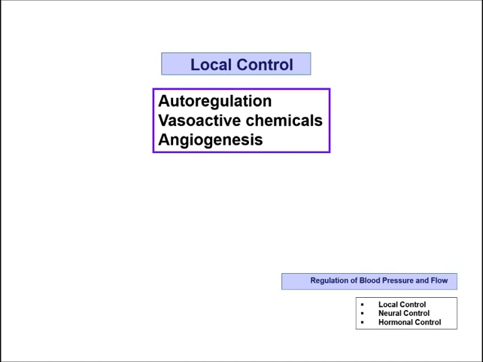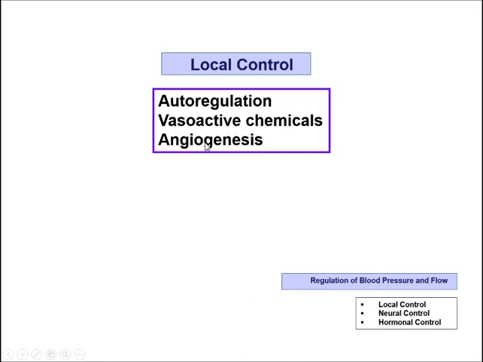So if blood pressure increases in a vessel and it pushes up against those endothelial cells, they will release a substance called nitric oxide. And this nitric oxide then is a vasodilator, and it will cause those vessels to vasodilate, which will reduce the pressure and increase the flow in that area. There are some other reasons that chemicals are released during trauma, infections. Again, exercise is involved, a good example.